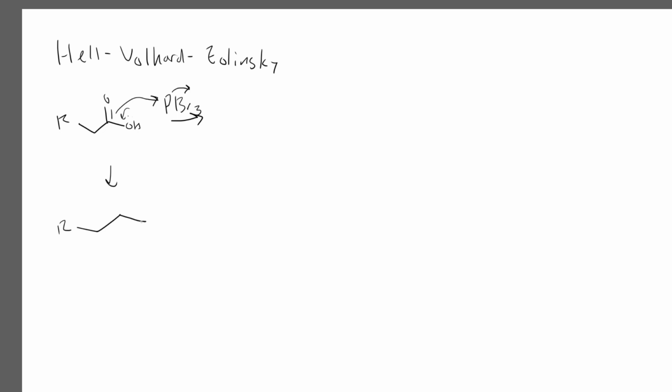And now we've got this, connecting the phosphorus with the two bromines. I hope you can recognize that this is a really good leaving group. Coincidentally, the bromine that's formed is going to perform a substitution right here.